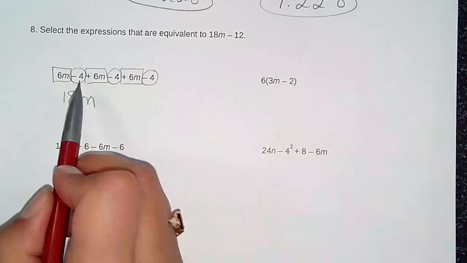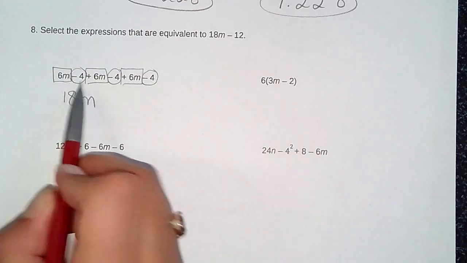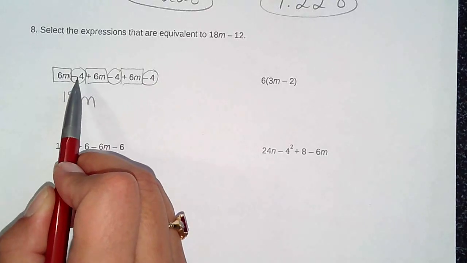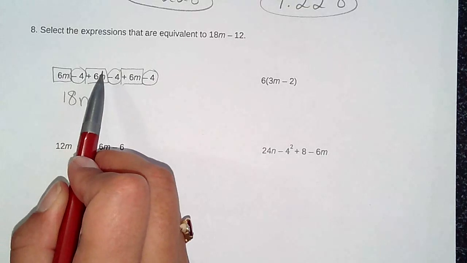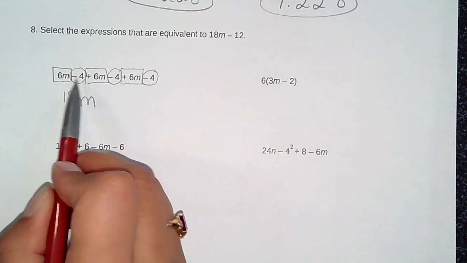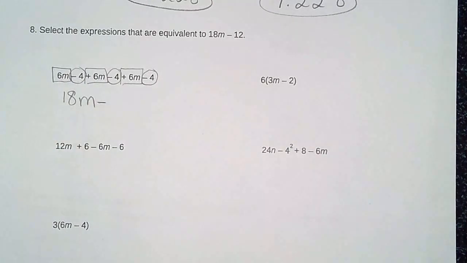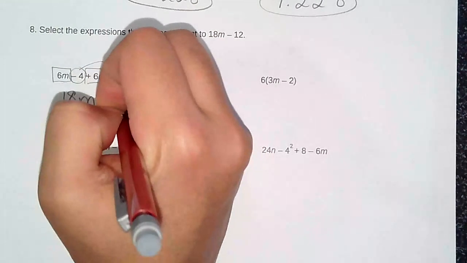Then I have 4 plus, why is it saying, okay. Oh, okay, because it's minus, minus, minus, it's going to end up being minus, and 4 times those 3 is 12.